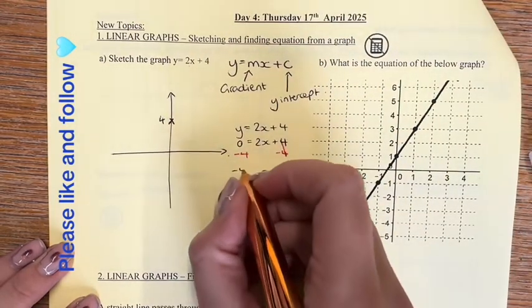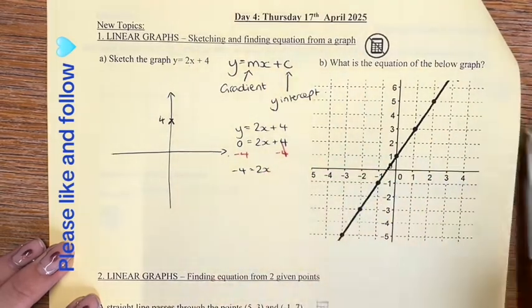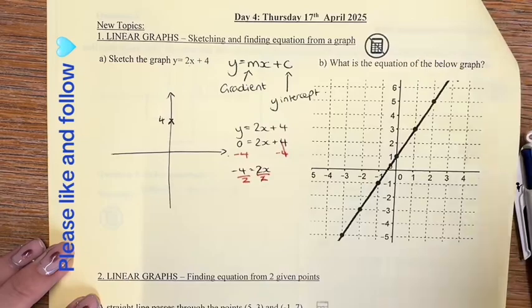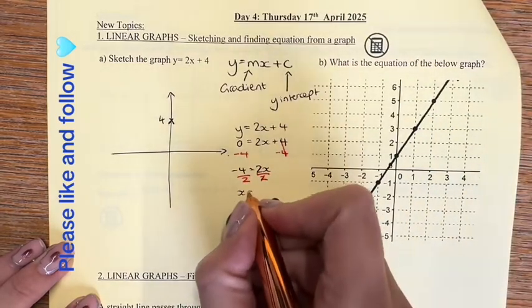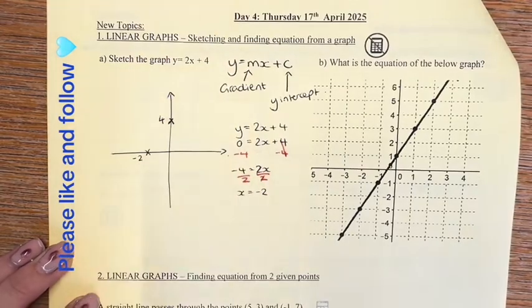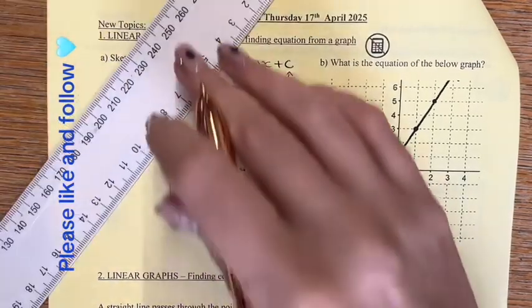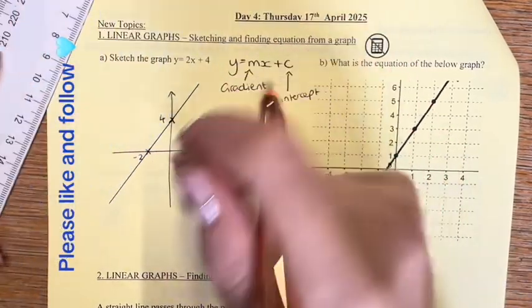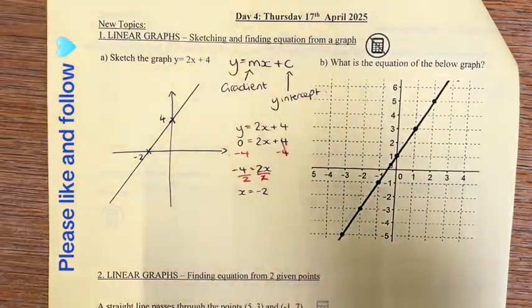I'll have minus 4 equals 2x. And then divide by 2. So x equals minus 2. So here on my axes, I can mark on minus 2. Join it up. And as long as I've got those labelled, I will get 4 marks.